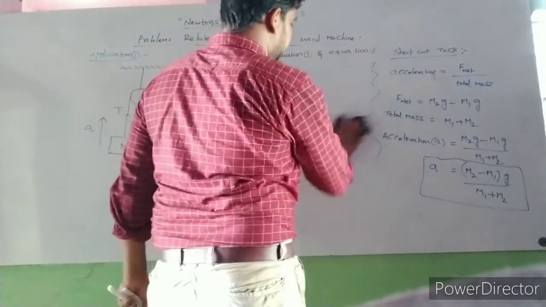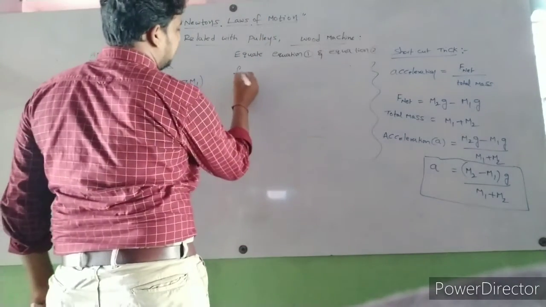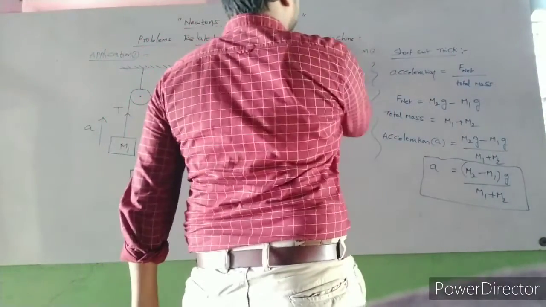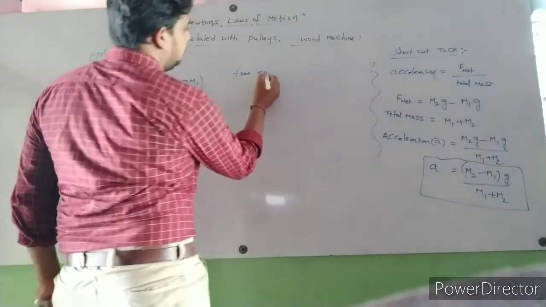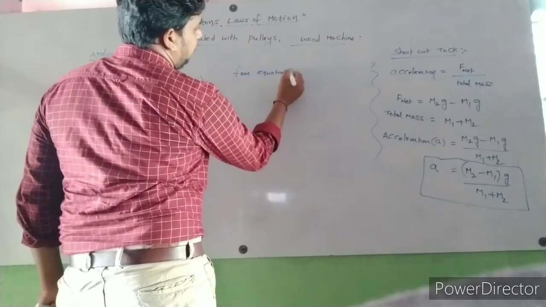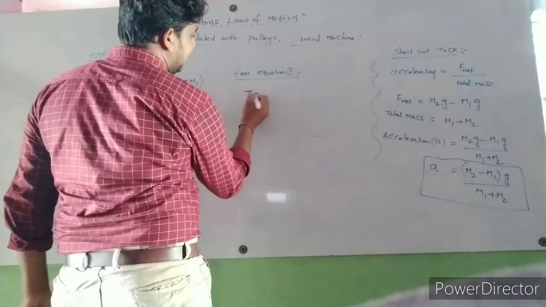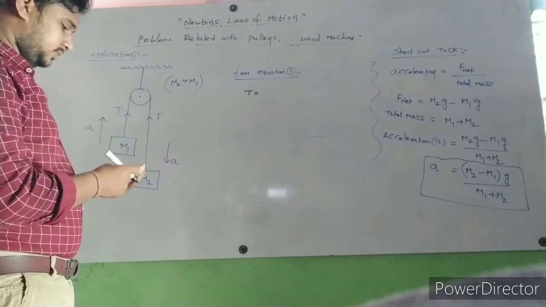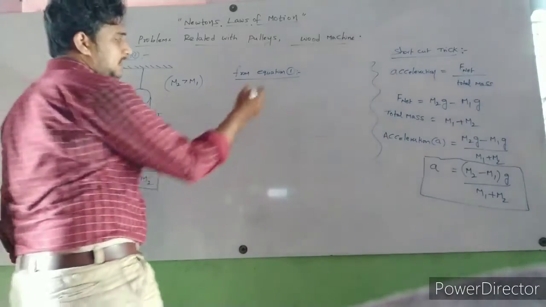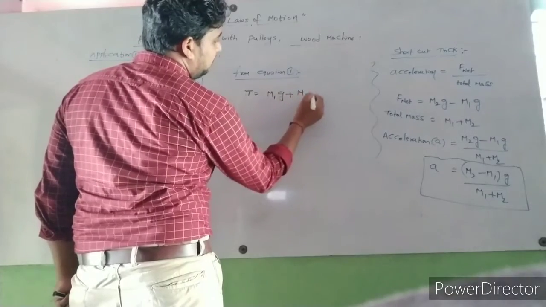From equation 1, T is equal to m1g plus m1a.